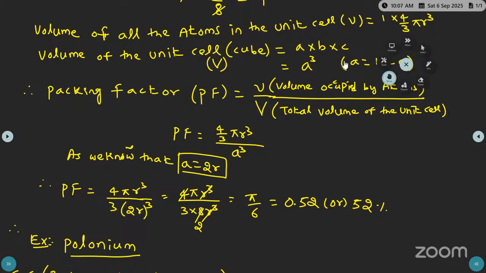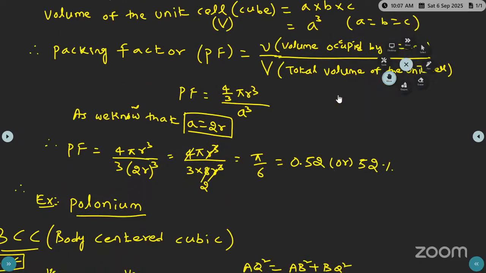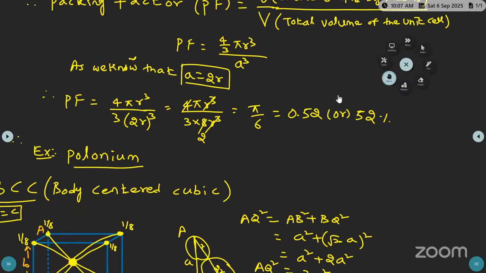And we already found the relation between a and r, that is a equal to 2r. So that value is substituted here. Thereby, we got the packing factor value. What we got? Pi by 6. And its corresponding value we got 0.52. So it can be written as 52%.